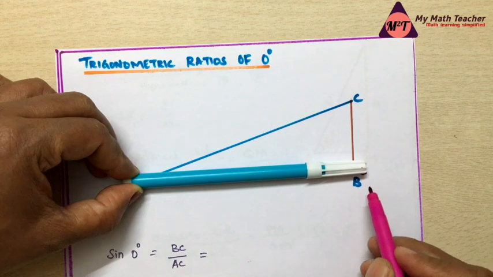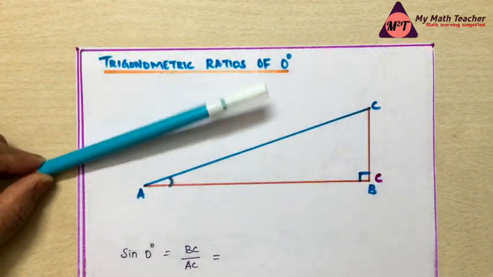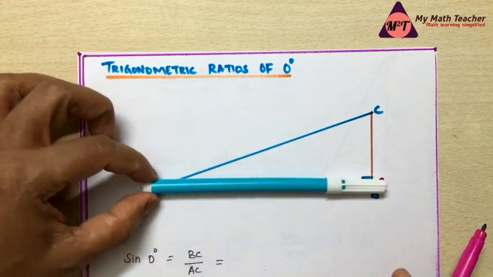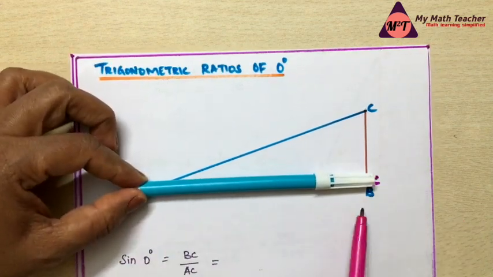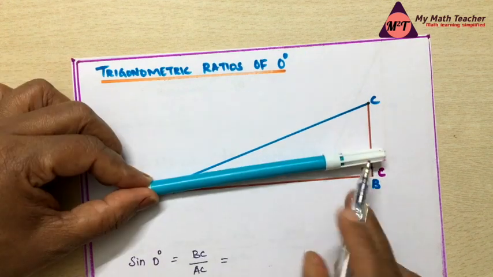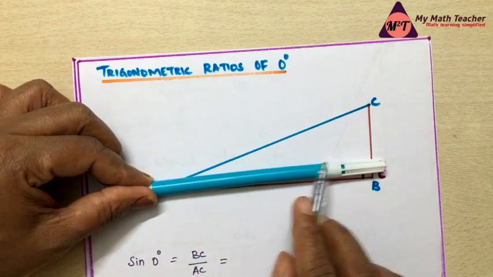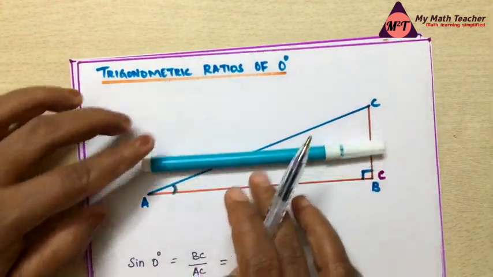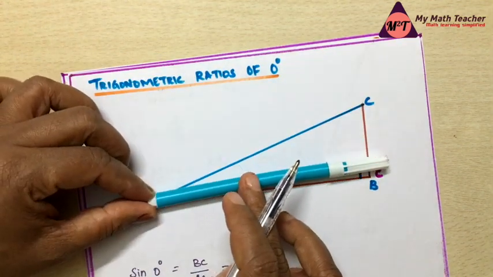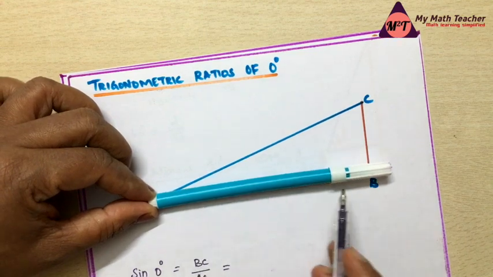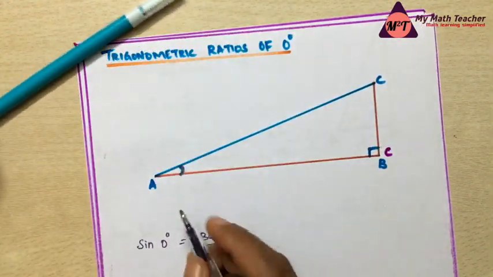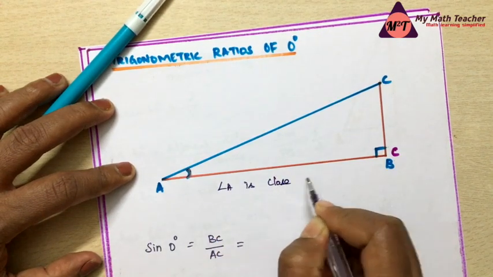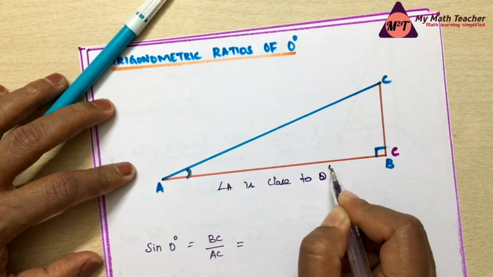Now when we place this hypotenuse exactly on the side AB, C is very close to B, and you can notice that at point A the angle has become exactly flat, which is 0 degrees. Now we can say that angle A is close to 0 degrees.